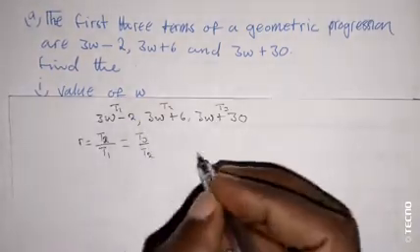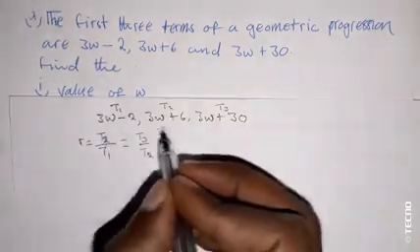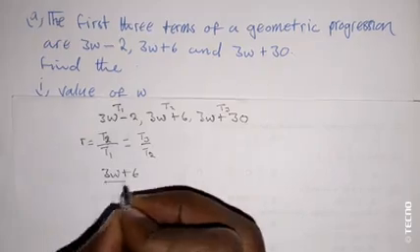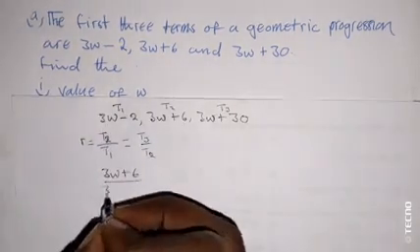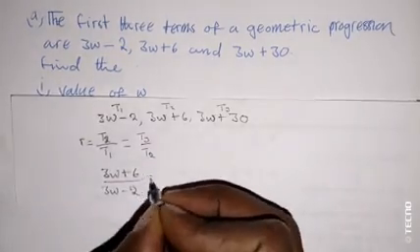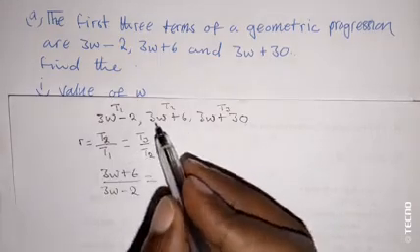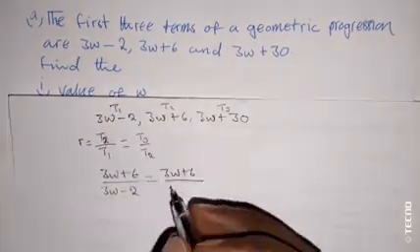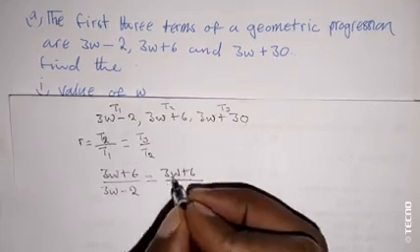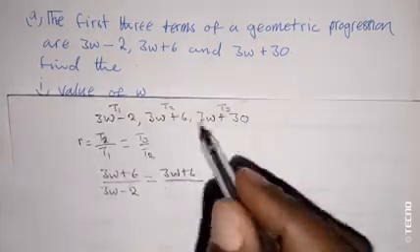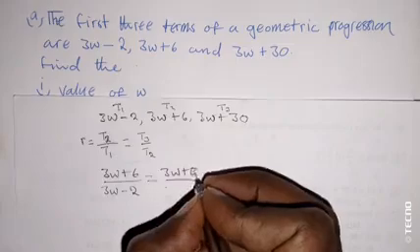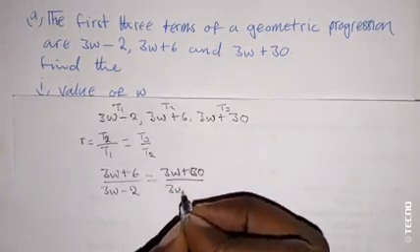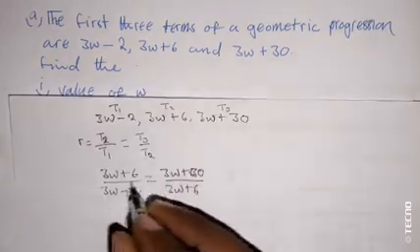Using this, where there is a second term, we replace it: 3w plus 6 over the first term, 3w minus 2, is equal to the third term over the second term, 3w plus 30 over 3w plus 6. So we have something like this.